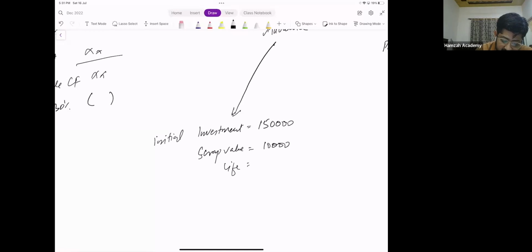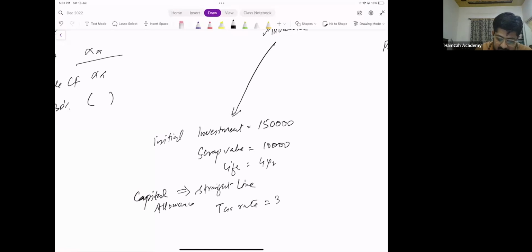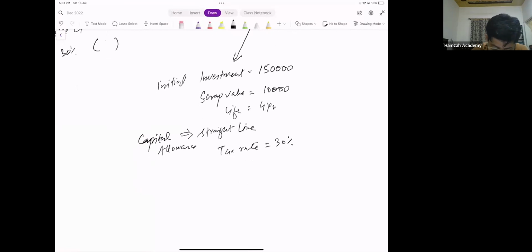Life is 4 years. Straight line method of depreciation, so straight line capital allowance. Tax rate is 30%. So with a 4 year life, tax is paid in the same year. Let's see here: 0, 1, 2, 3, and 4.